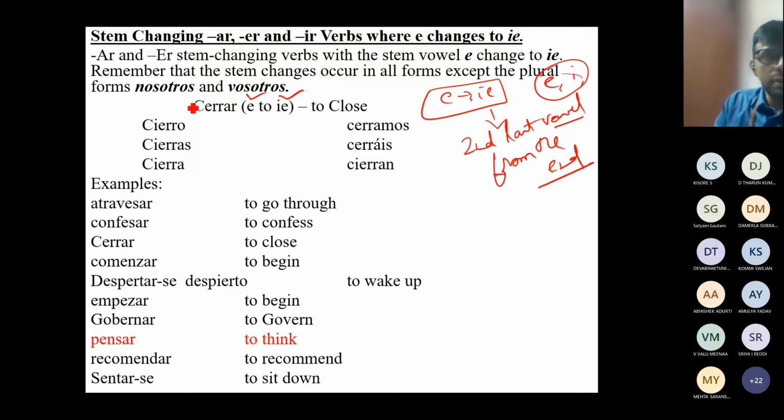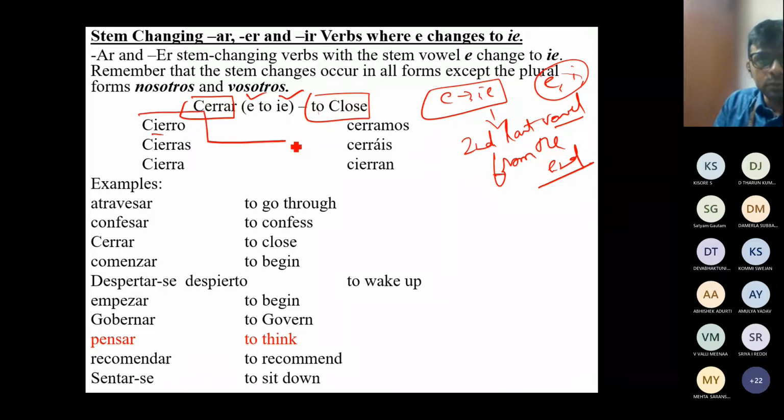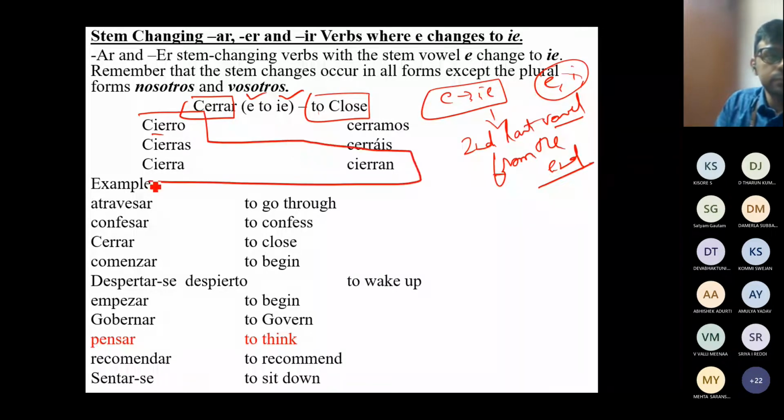Okay, so the example given here is cerrar, which is to close. And if you see here, the boot rule is being followed here also. So starting with cierro, cierras, cierra and cierran.